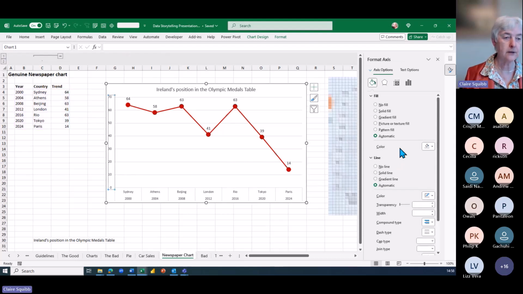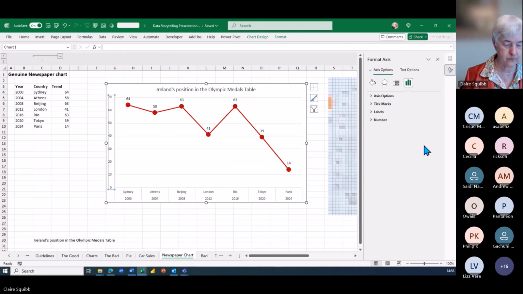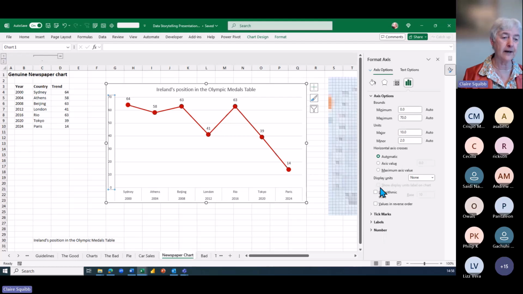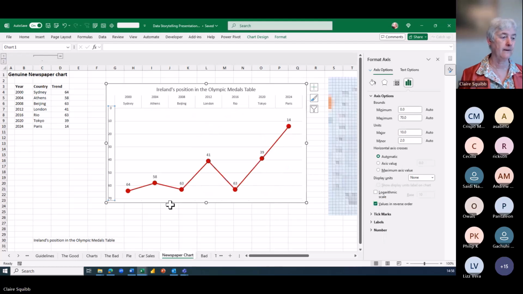Okay, so the y-axis. Ireland came 64th, and then it came 14th. 14th is better than 64th. So we actually want the axis to be the other way around. Okay, 64th is bad. So it's improving.